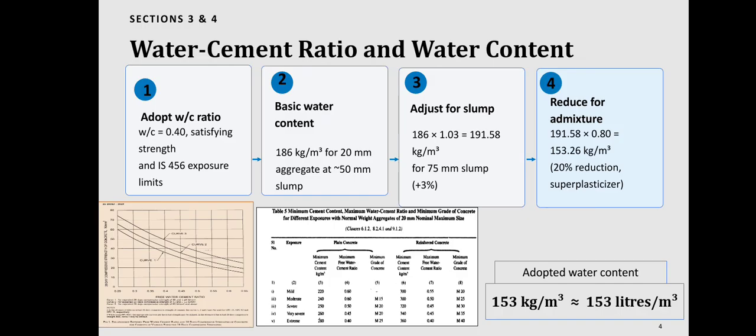The code gives us a base figure of 186 kg per meter cube for 20 mm aggregate at a 50 mm slump. Since we need 75 mm, we increase this by 3% as per the IS code recommendation, giving 191.58. Then, because we are using superplasticizer, we can apply a 20% reduction, bringing our final adopted water content down to 153 kilograms or 153 liters per cubic meter.